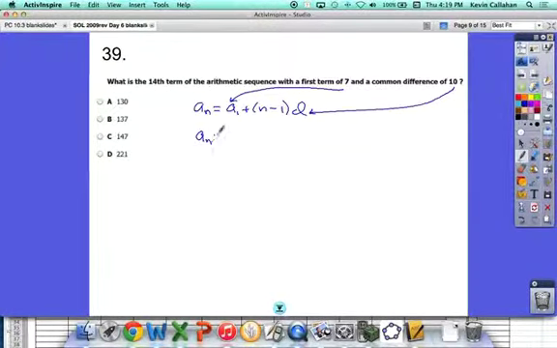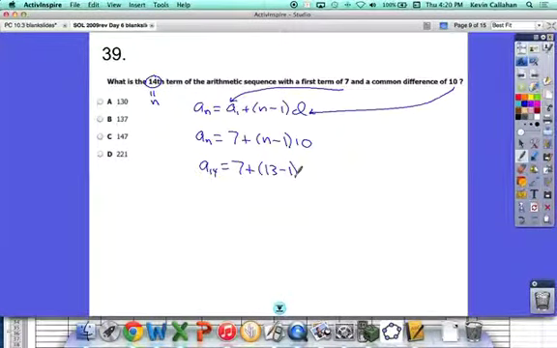So AN equals 7 plus n minus 1 times 10. And since we're looking for the 14th term, that means that is the n. So plug in n equals 14. A14 equals 7 plus 13 minus 1.